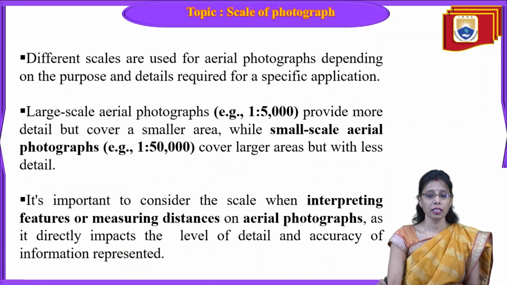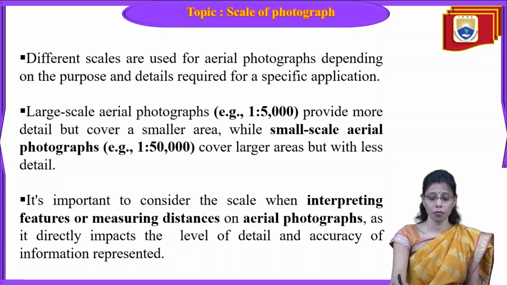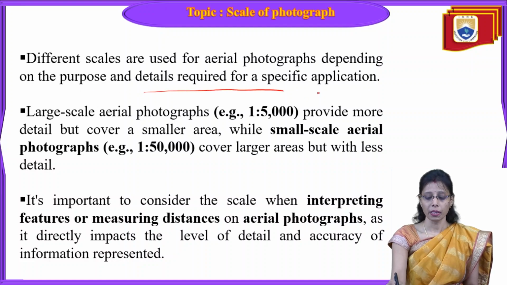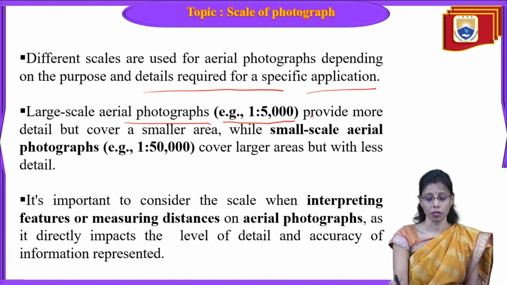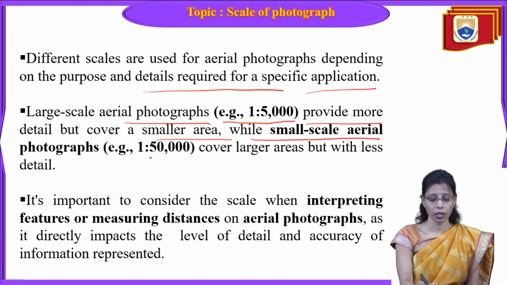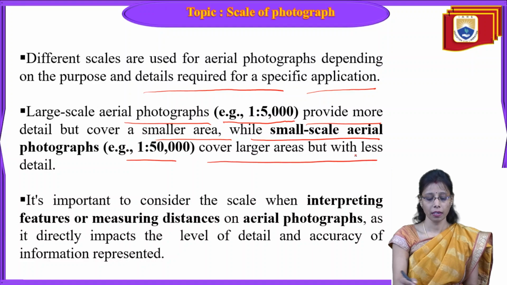Now, different scales are used for aerial photographs depending on the purpose and details required for specific applications. A large scale aerial photograph, for example 1:5,000, provides more detail but covers a smaller area, while a small scale aerial photograph, for example 1:50,000, covers a large area but with less detail.